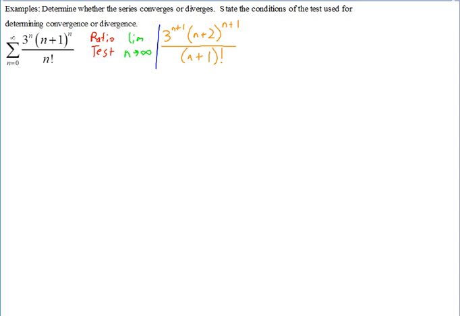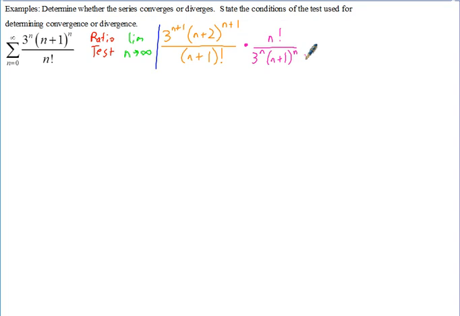And then that's divided by the original one, but that's the same as multiplying by the reciprocal. So that'd be n factorial divided by 3 to the n plus 1 to the n.